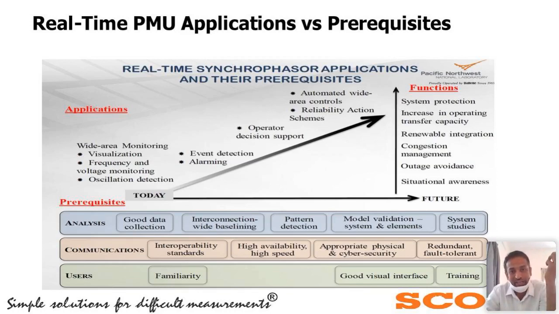And automatic wide area control, like software, where people use an automatic, semi-automatic or manual system, in which the system will prompt you that these are the complete network problems and these are the actions you need to take: 1, 2, 3, 4, 5. In an automatic system, the system will take control and disconnect the problematic feeders from the system.